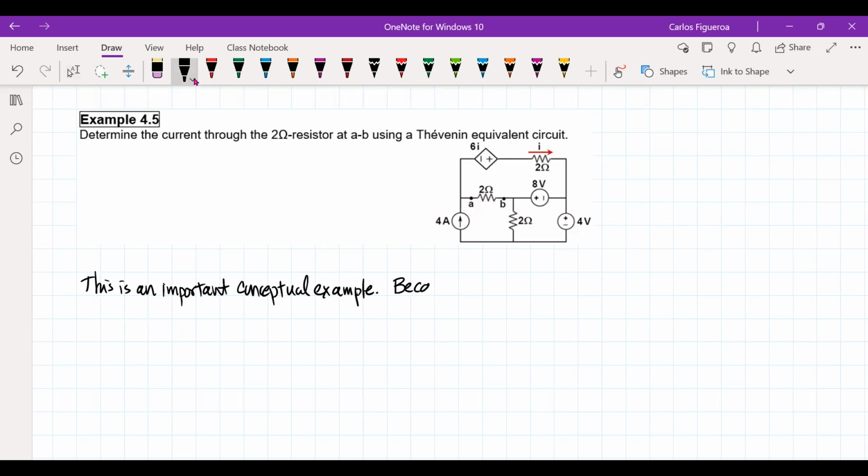Because there is a dependent source, only method 2 can be applied.